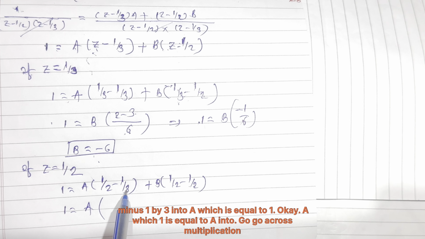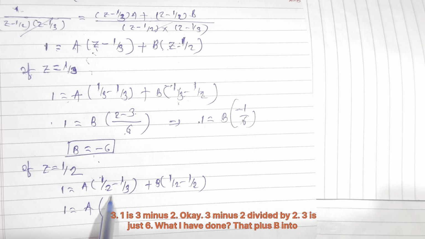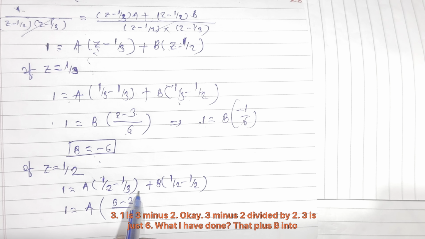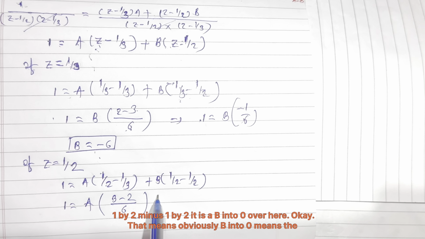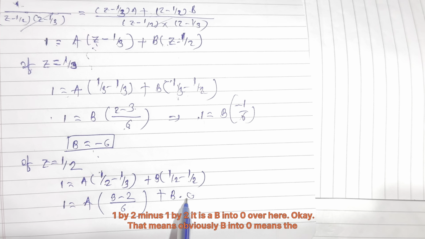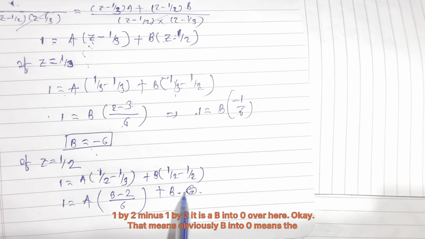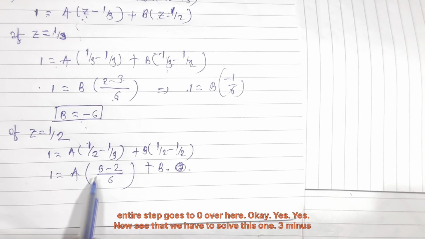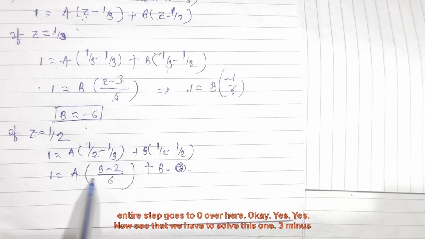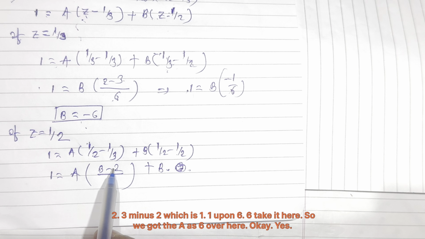Go for the cross multiplication: 3 ones are 3 minus 2 ones are 2, divided by 2 threes are 6. Plus b into (1/2 - 1/2) is b into 0, which means the entire step goes to 0 over here. Now we have to solve this one: 3 minus 2, which is 1. 1 upon 6.